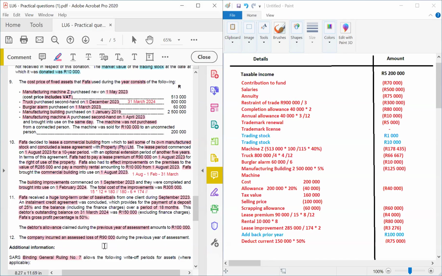So you can only deduct allowances if you are having a positive figure.